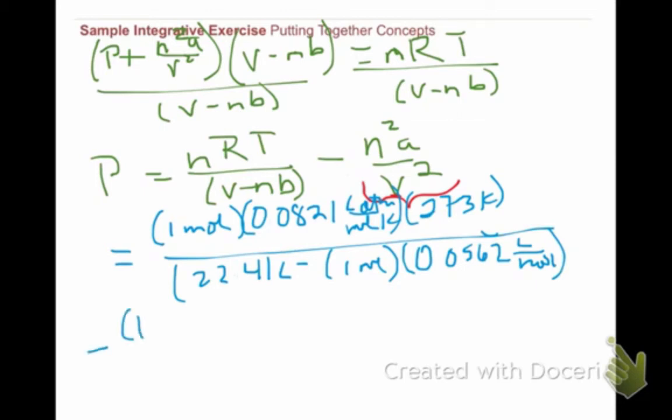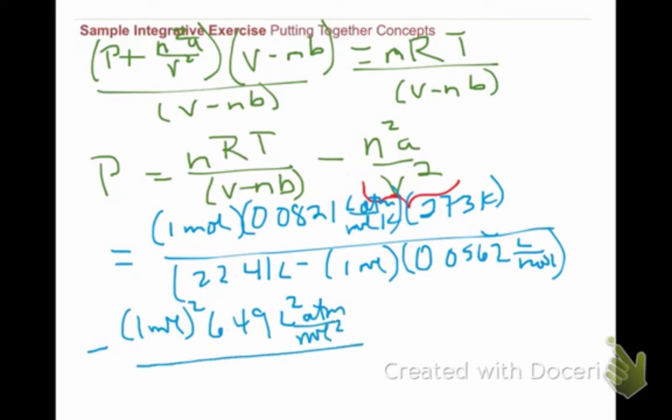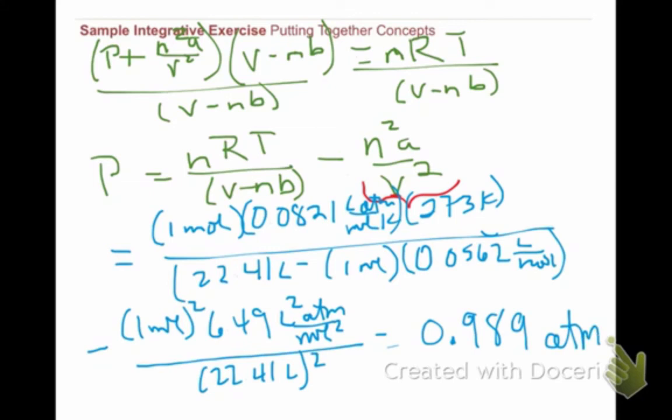And then I have to subtract 1 mole squared times a for chlorine, which is 6.49 liters squared atmospheres per moles squared, divided by 22.41 liters squared. When you do all that, you should get 0.989 atmospheres.